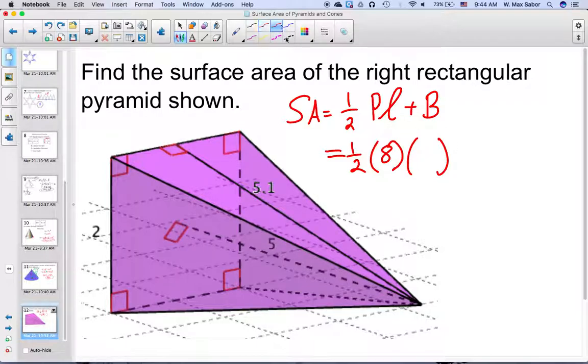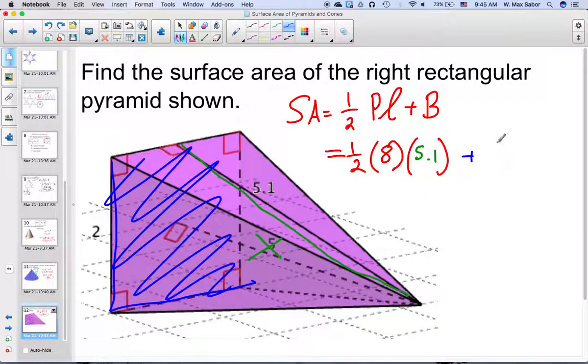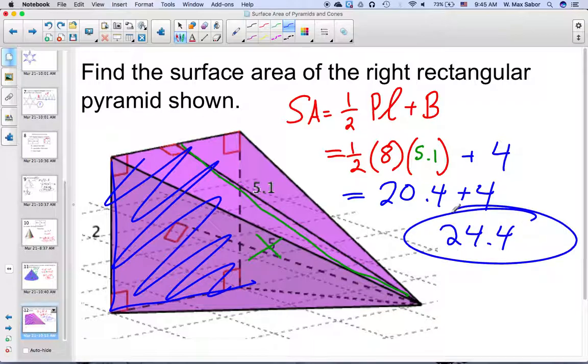The slant height, which they give us here, is 5.1. It's not 5; we don't need that 5. And the area of the base is 2 times 2, which is 4. Multiplying this together, we get 20.4 plus 4 is 24.4 square units.